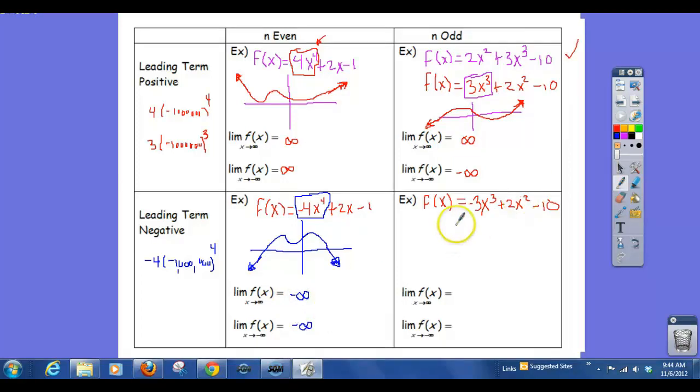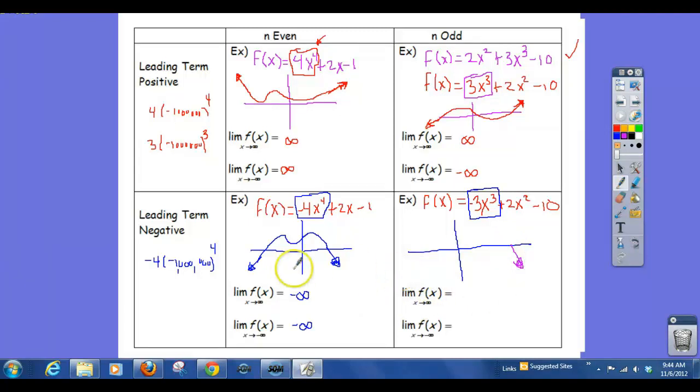And lastly, if we have an odd degree function, we can do our analysis just on this term. You plug in a big positive number, like a million cubed, that's positive, times a negative 3. It's a big negative number.